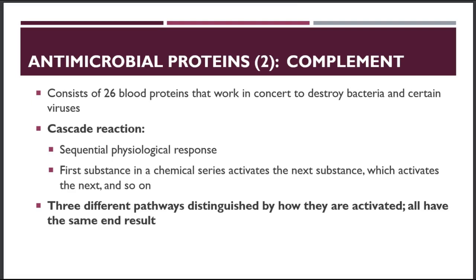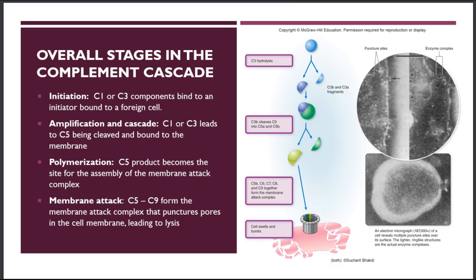There are 3 different pathways, and each one is distinguished by how the pathway is activated, but all 3 have the same end result. This is a diagram from your text, and it sort of simplifies the overall stages in the complement cascade. So the first step in this cascade is initiation, and this is the initiation of certain complement components, either C1 or C3, and they're going to bind to an initiator on a foreign cell.